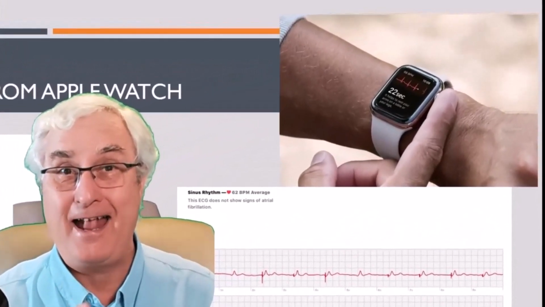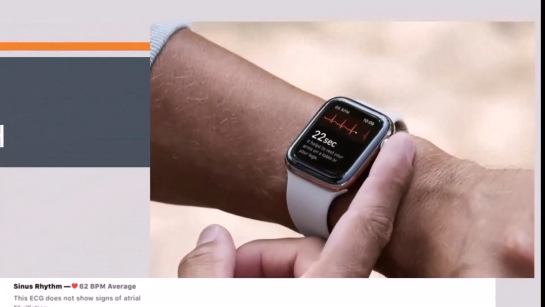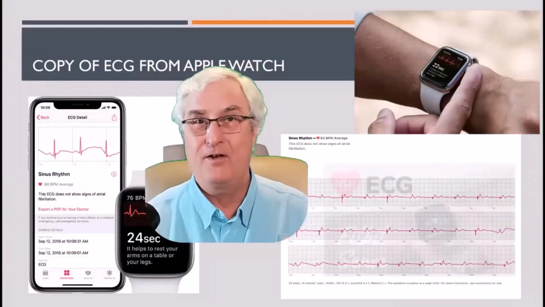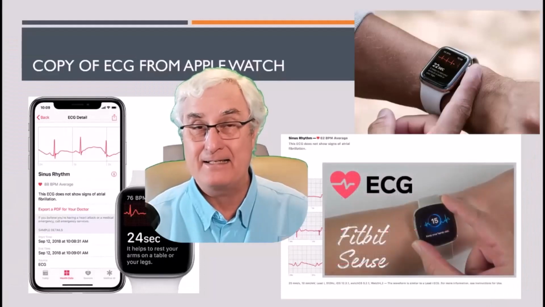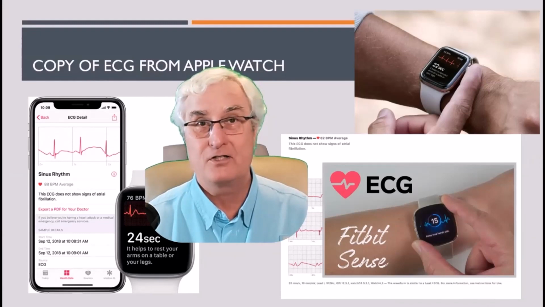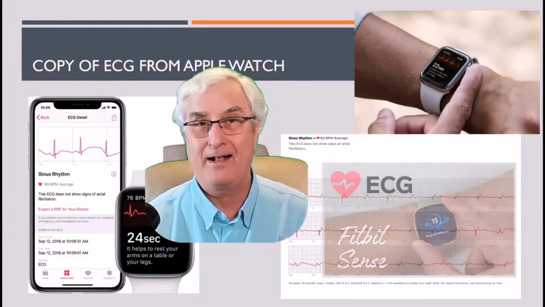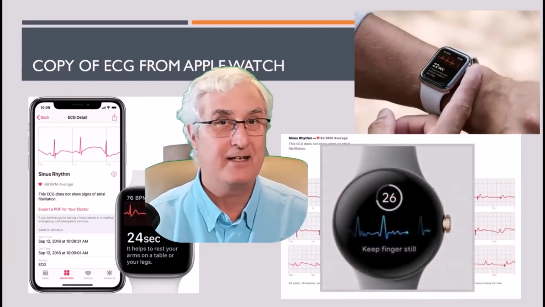They then taught Apple how to do it, and the Apple Watch was the first watch to be able to do ECG. Following this, of course, the Fitbit Sense and the Samsung watches 3, 4, and 5 did that, and of course, we now have the Pixel Watch that does it as well.